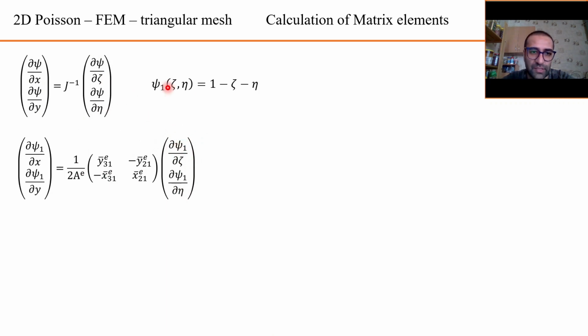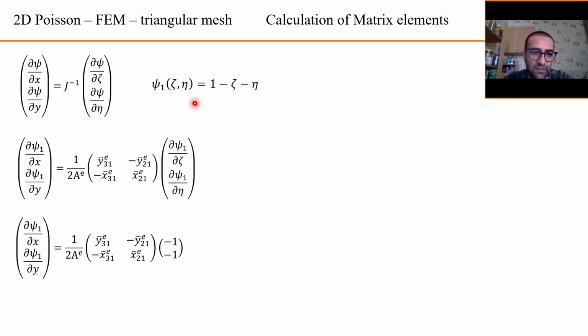For example, for psi1, the derivative of psi1 with respect to zeta is -1, and with respect to eta it is again -1. I just substitute the derivatives here, and after multiplication we get these terms. This multiplication with this multiplication gives us this term, and this multiplication with this gives us this term.